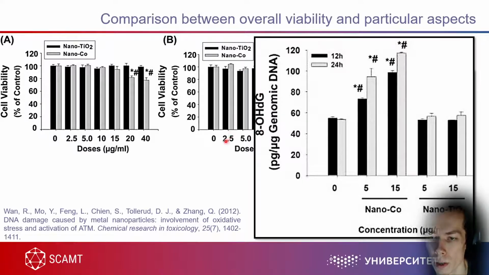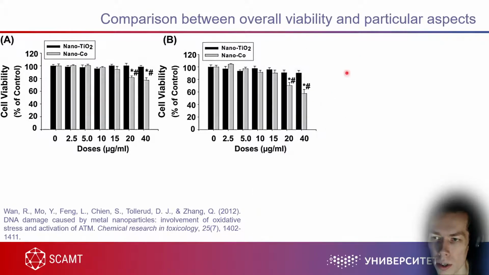You see there's a lot of this product inside the nanocobalt sample, maybe a twice increase, and there's no twice increase at this concentration of 15. So neither here, neither here.